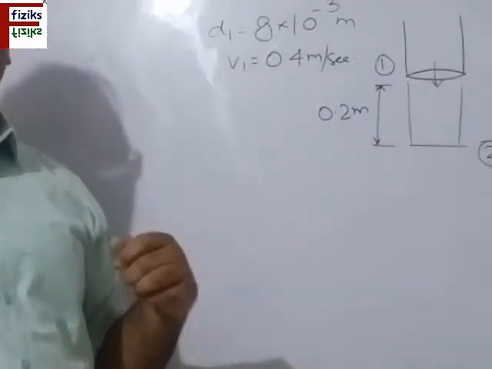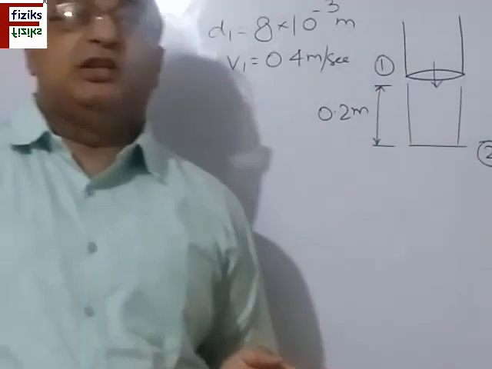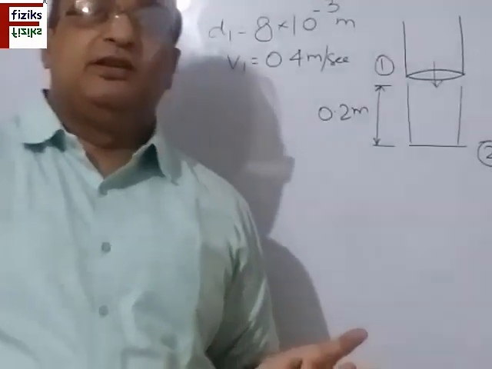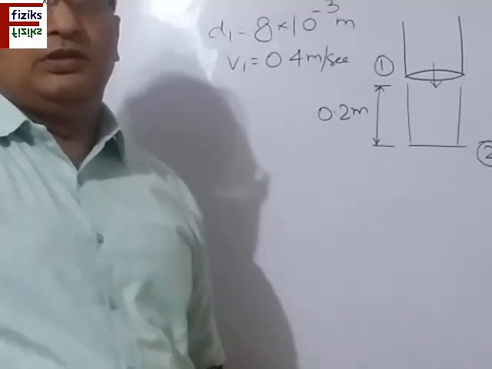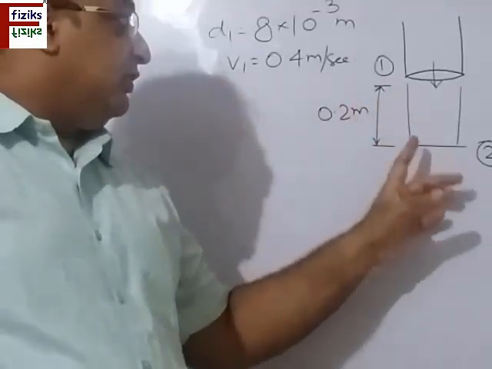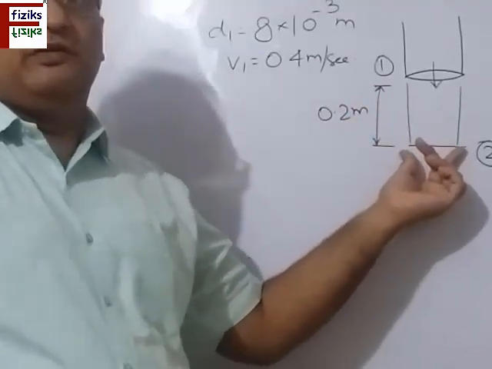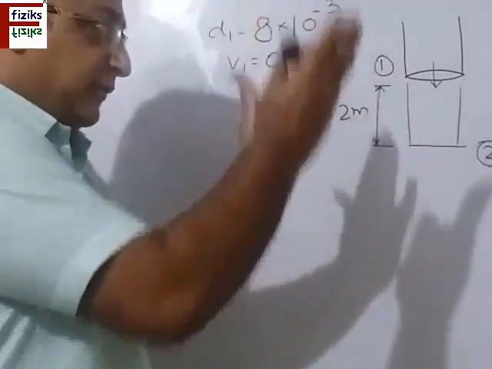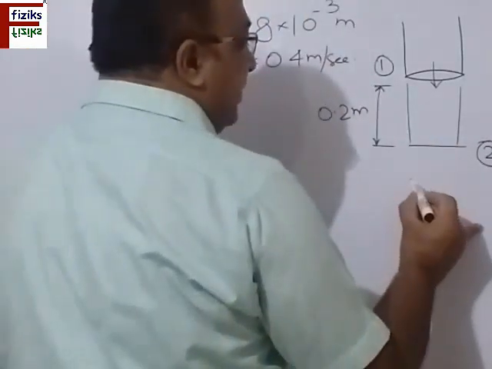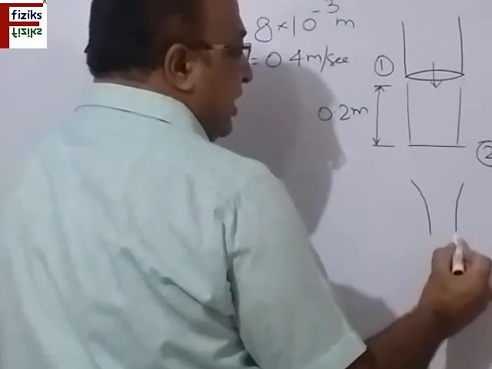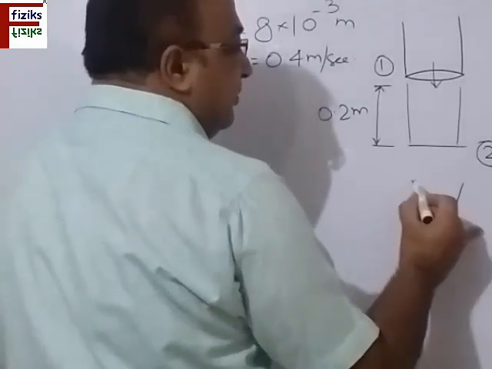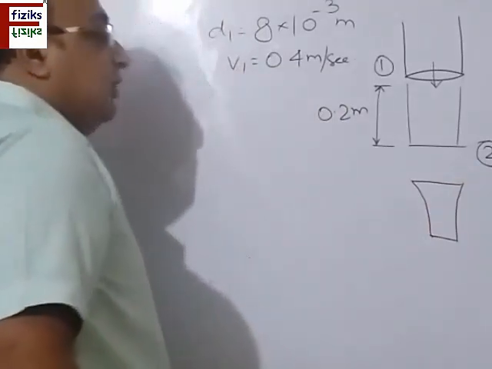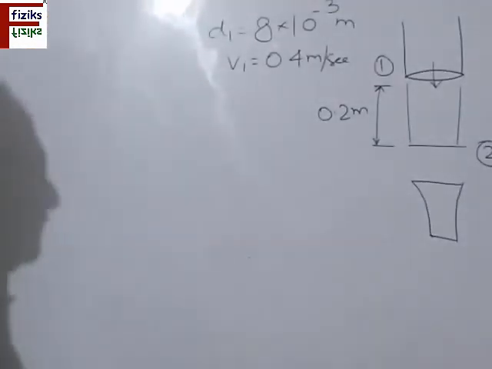The general answer the students gave is that it will be more. But the water stream diameter will actually be decreasing, that is, the diameter of the stream vertically downwards decreases. I will tell you the reason why this happens.